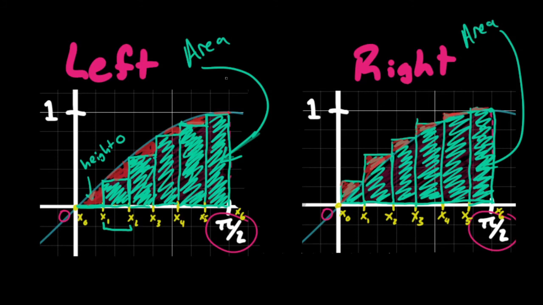So the left Riemann sum is equal to the area there, while the right Riemann sum is equal to this area here. All right, cool enough.